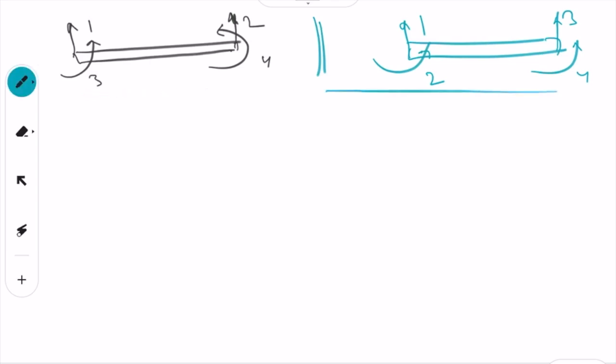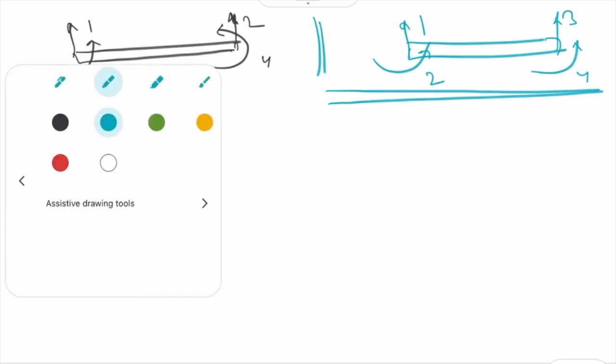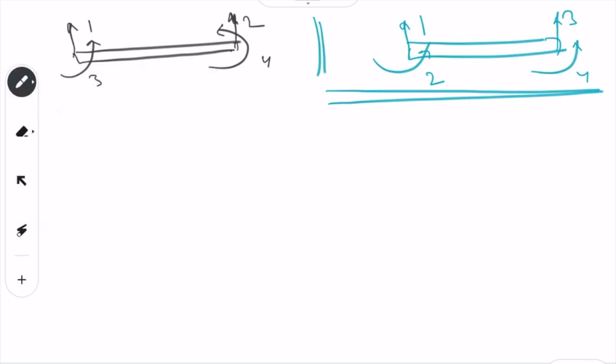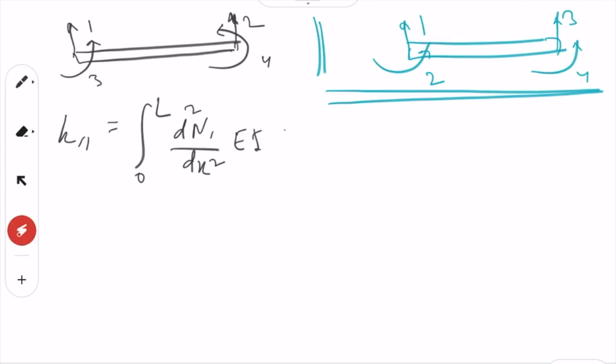Okay. So, let us say if you want to find out k11, then what will you do? So, k11 will be equal to integral 0 to L of d square n1 dx square E I, and same thing here also. So, this will be basically a square of that, dx.